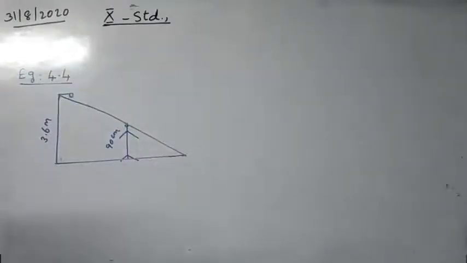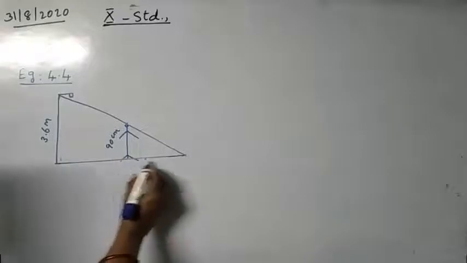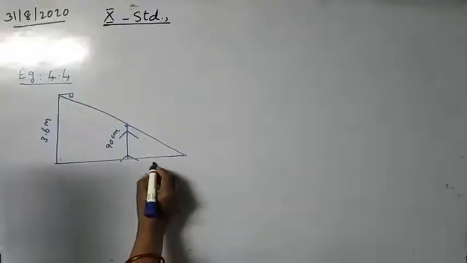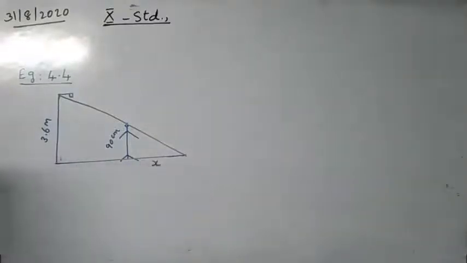So the boy's height is 90 centimeter, lamp post height is 3.6 meter. And the shadow cast from here to here is x. Take it as x. And to find this, we want to use a formula.